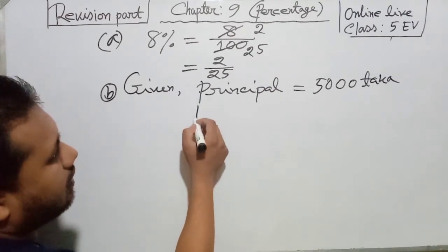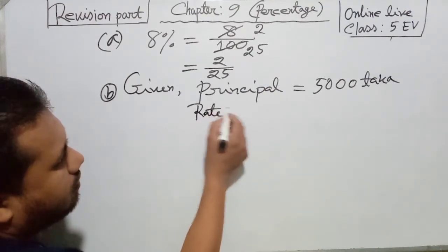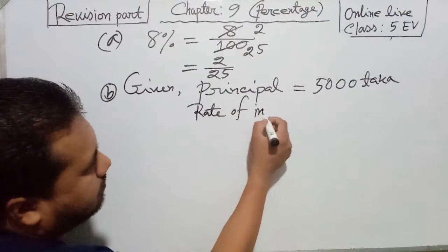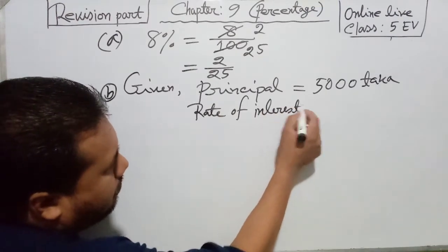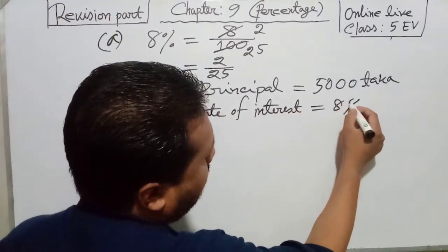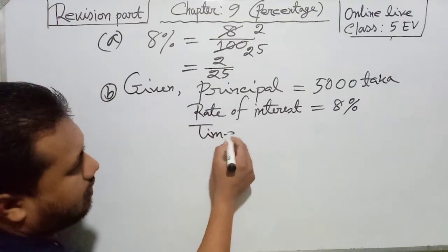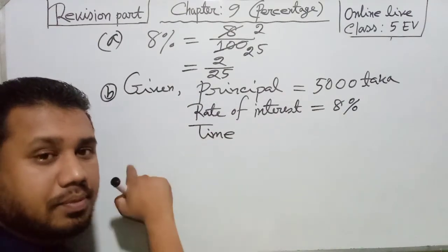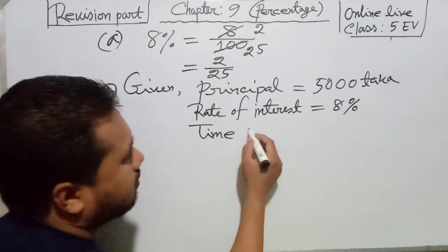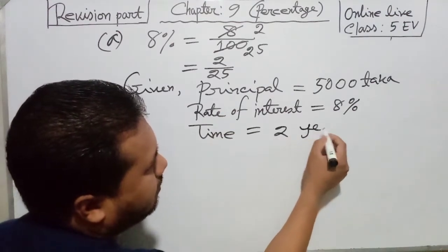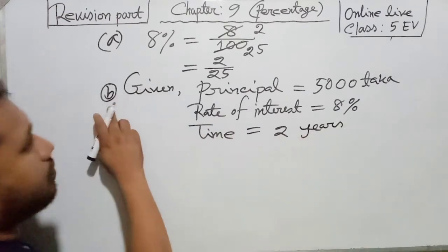And now our rate of interest, it was 8%. And now time, our stem indicates 5 years, but the B number question indicates 2 years. So we have to write 2 years because this is the solution for B.